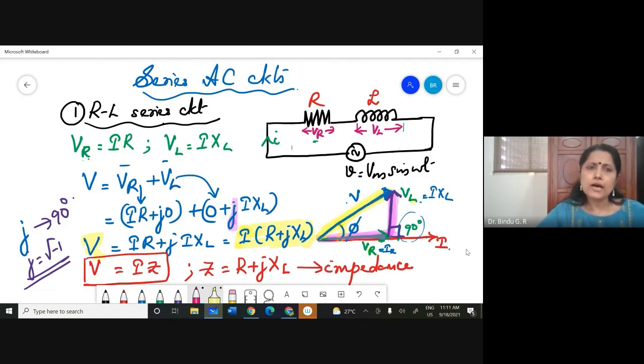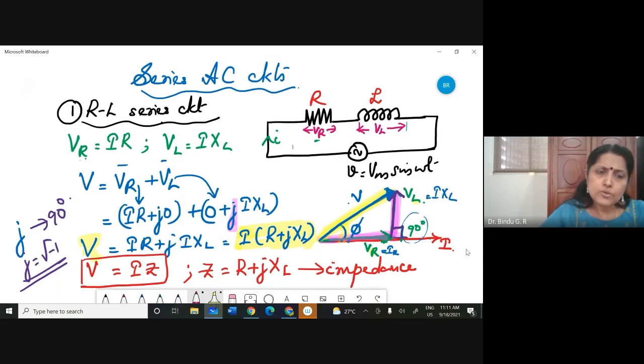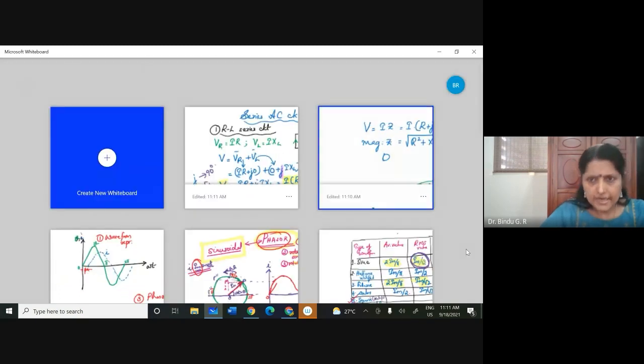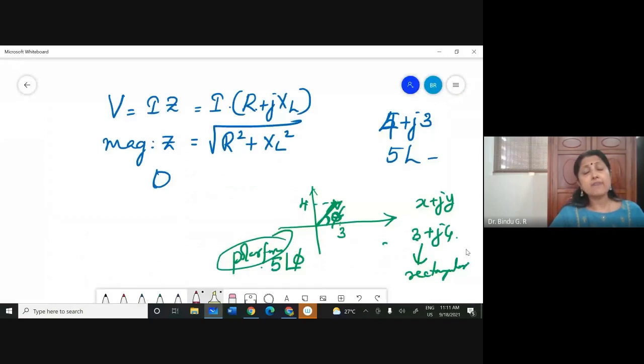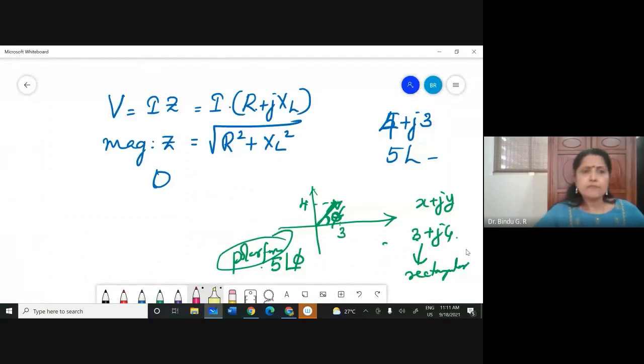So what I want all of you to do is this kind of conversion, and all these things are available in your calculator, where they have given you instructions. It differs from calculator to calculator. That is why I'm not giving you the steps. Polar form and rectangular form.